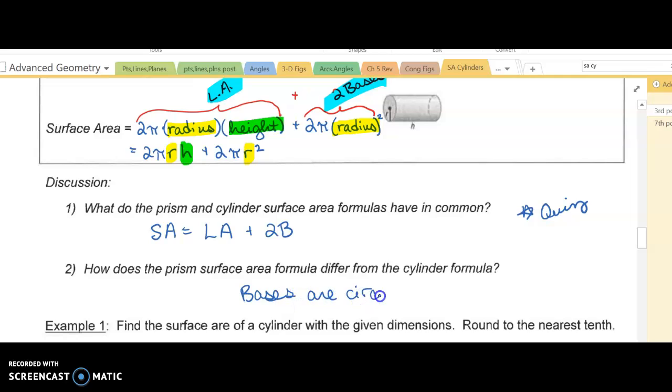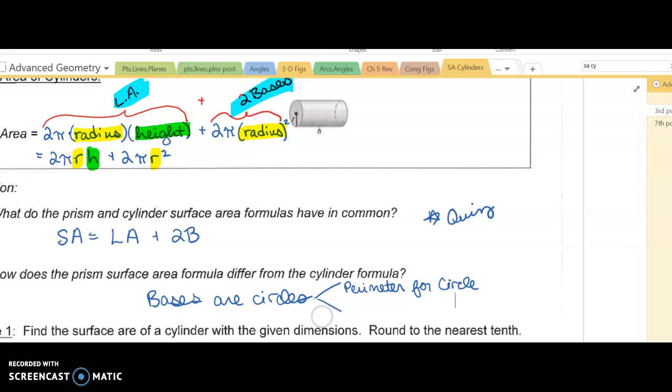You're just plugging in that the bases are circles, so perimeter for a circle would be circumference, or 2 pi r instead of p. And the area of a circle is going to be pi r squared instead of just B for the base.